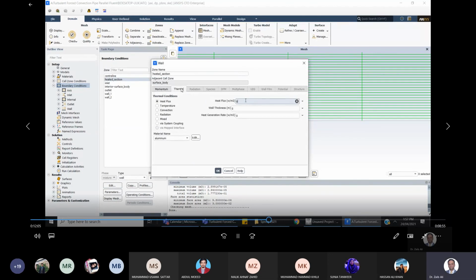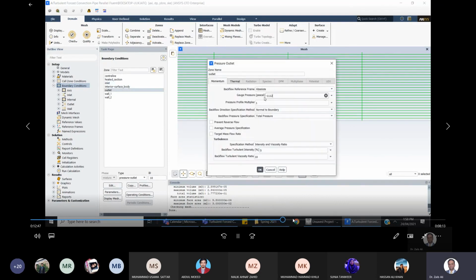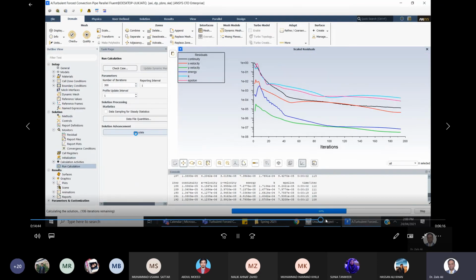But once you open that wall, you go to the thermal tab. Then in the thermal tab, you can prescribe what kind of information you have: heat flux, temperature, convection, radiation. So we have heat flux, so we just mentioned that. So that's it. That's what we do for prescribing heat flux.